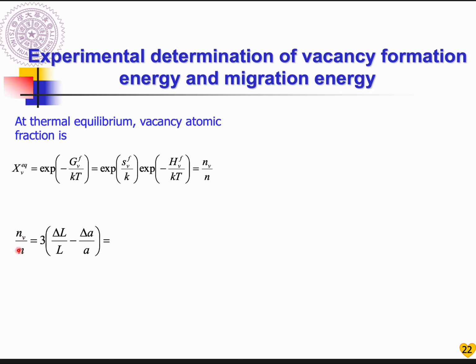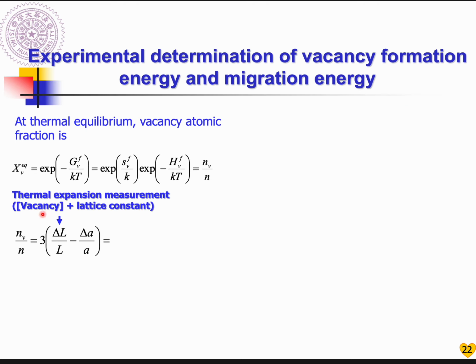In order to get the XV, and I also know the XV is temperature dependent, the vacancy numbers also can be, when I try to heat materials up, I can see the thermal expansion of these materials, right?